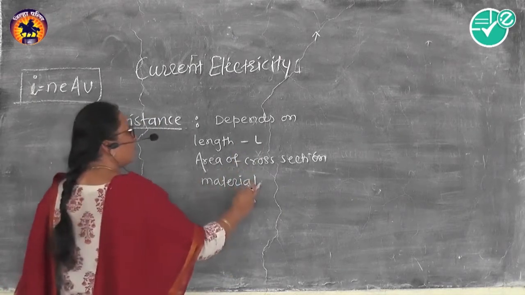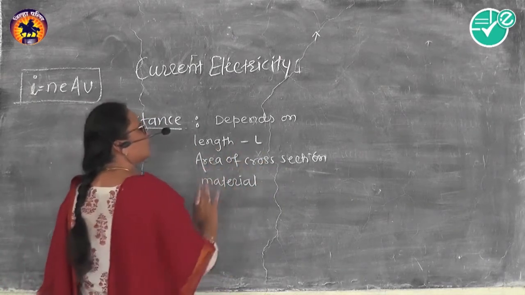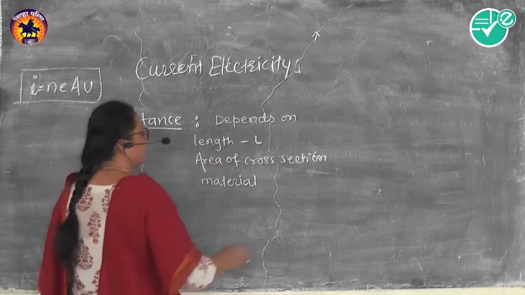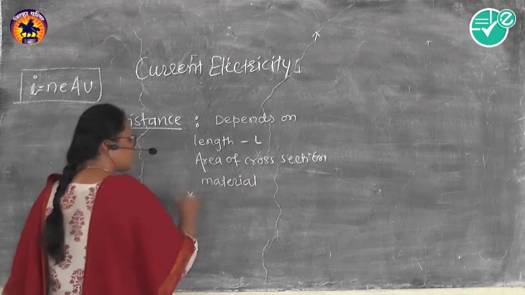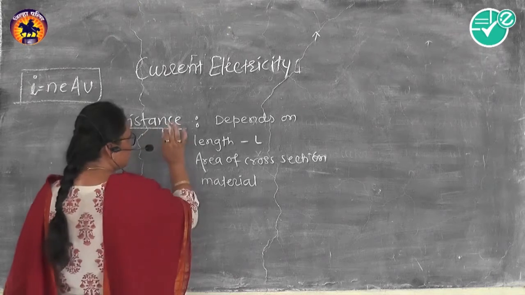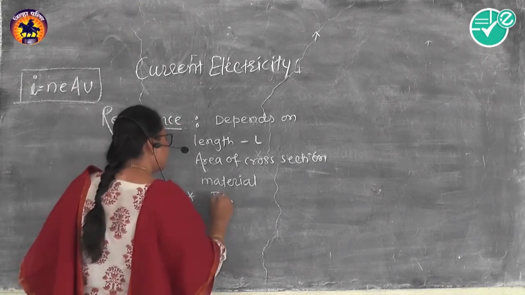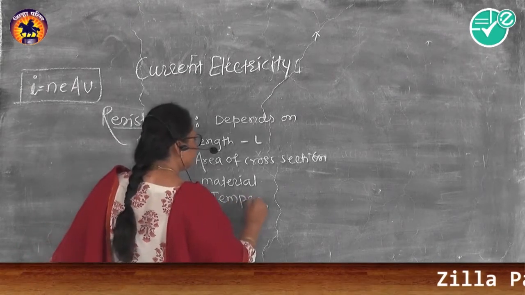So the nature of the material, the area of cross section, and the length of the conductor, and finally and most important, the resistance of any conductor depends on temperature.